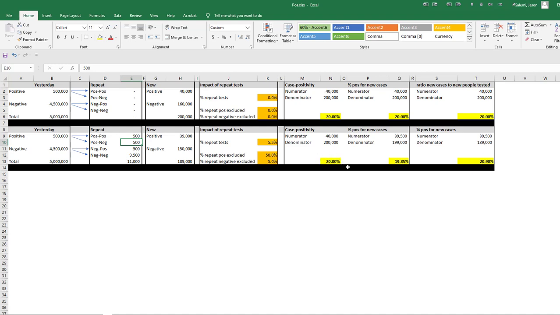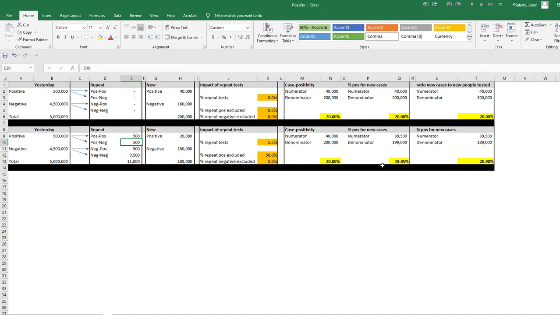So let's look at how our measures line up. Case positivity is the exact same because repeat measures don't mean anything to case positivity. It's just boiling it down to, of all people tested today, what proportion tested positive. The percent positivity for new cases, of course, does exclude people who tested positive on a previous day. But what I want you to pay attention to is the difference from the case positivity.